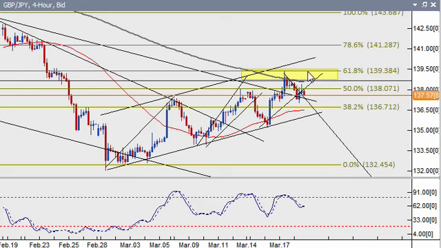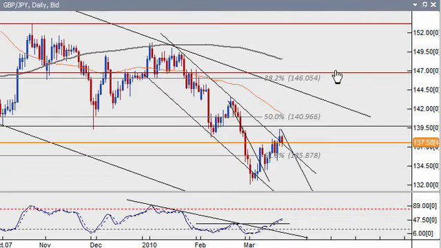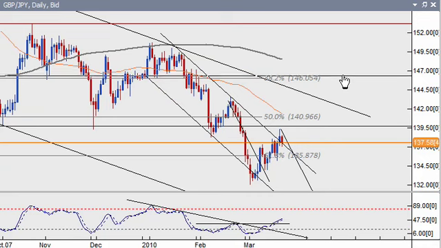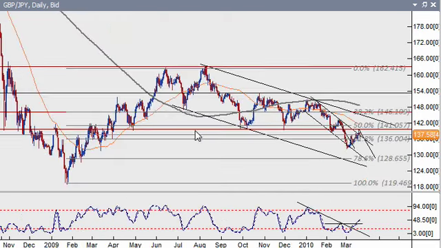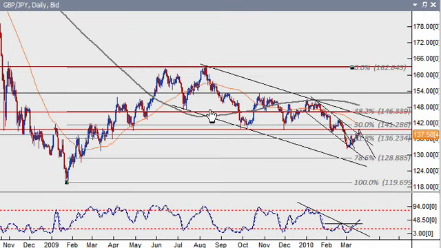On the other hand, if the market does stay above and breaks above 139.50 and even 140 area, then we may have to consider the bullish outlook towards this higher resistance level here around 146 and 147. You see, as I zoom out, this is the previous, let's get rid of this Fibonacci for now.